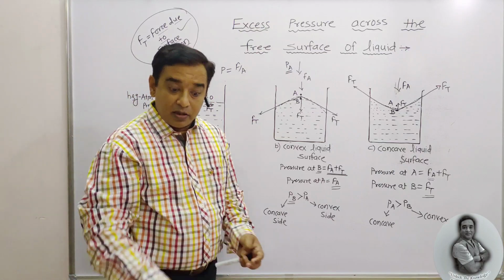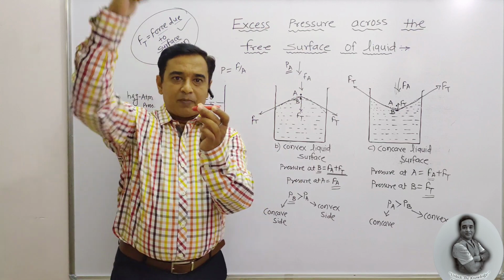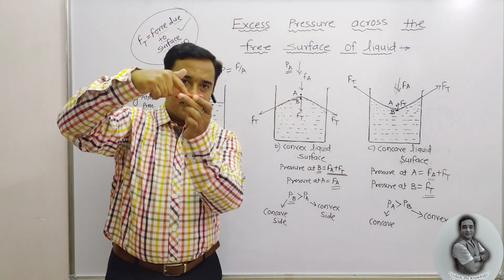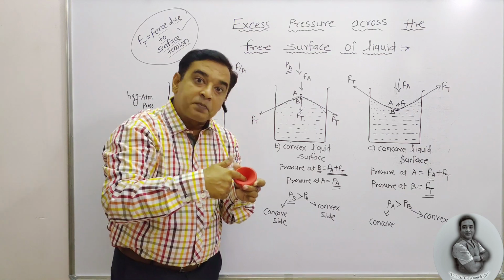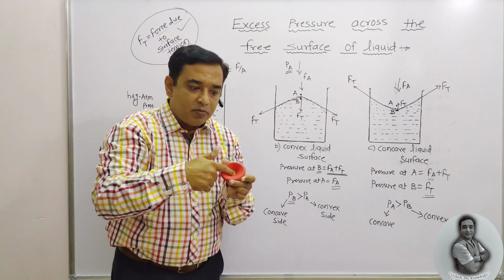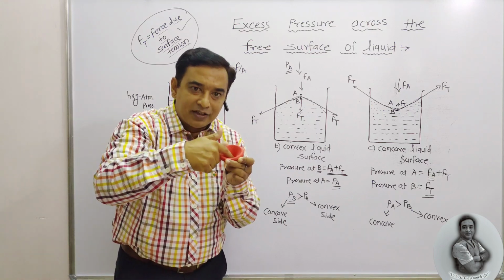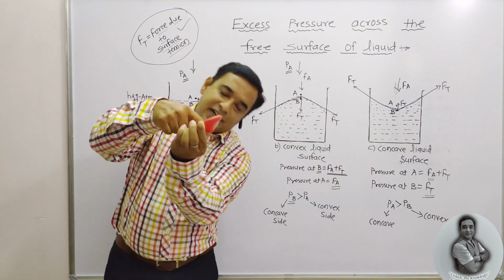Now come towards that experiment which we have done earlier. If I apply more pressure on this side, one sort of concave shape forms. Means the pressure at the concave side is more as compared to the convex side.